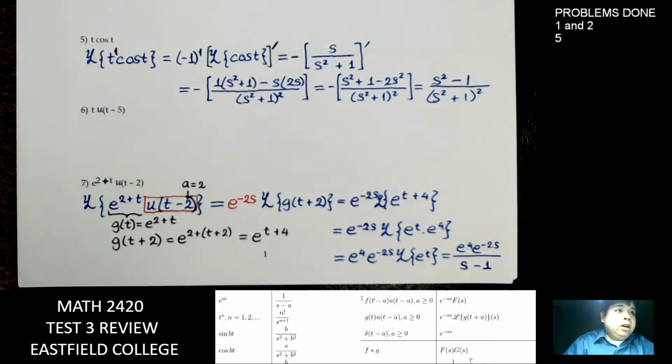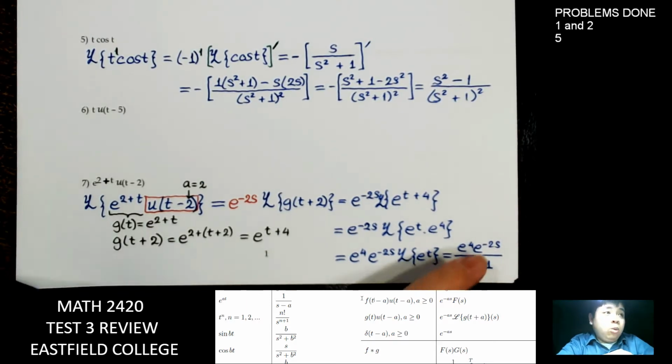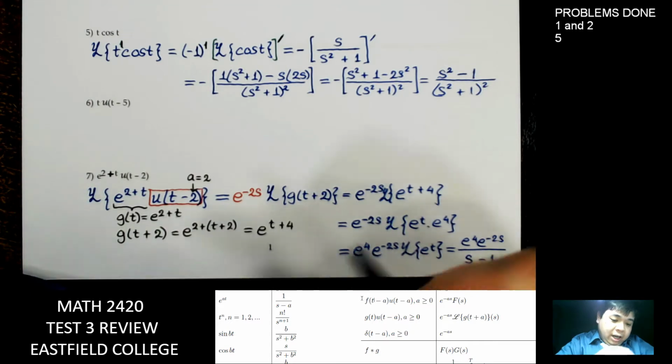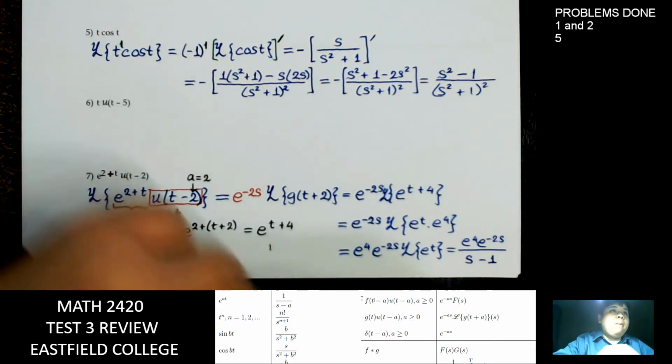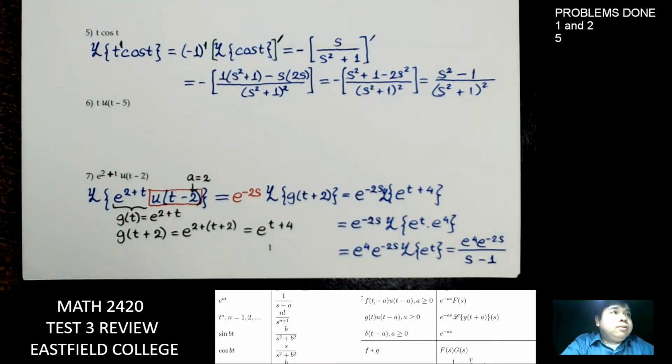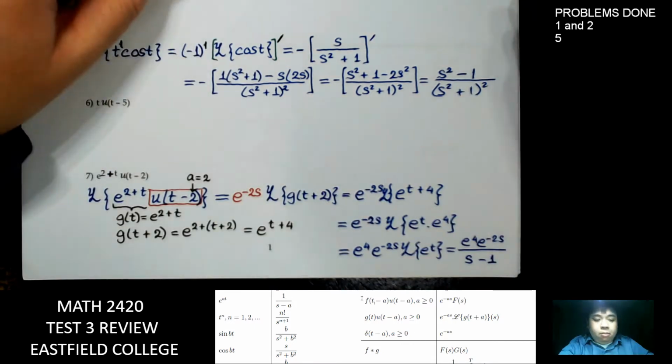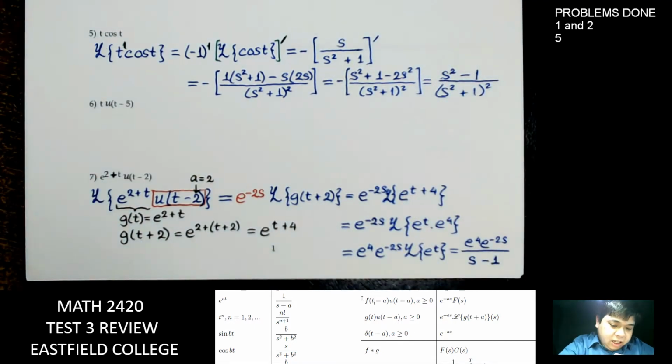S minus 1. Yeah, so e to the t, 1 over s minus 1, and then those terms. Right. Yeah, the answer is different than the key, obviously, because we changed the problem to a plus.